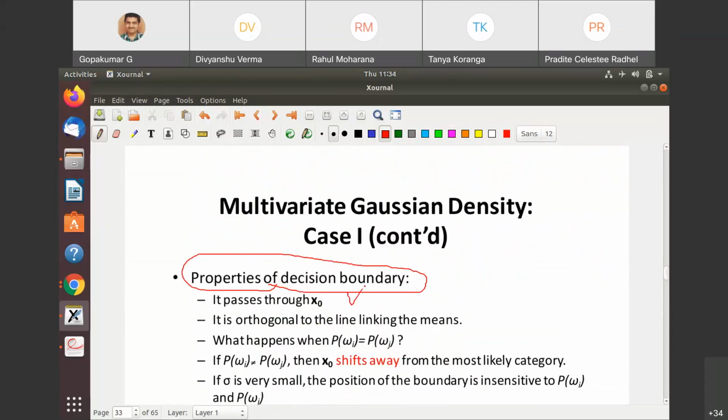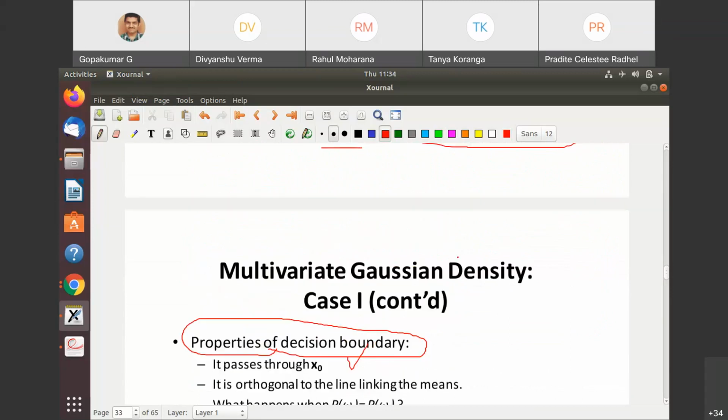I think we have already seen a terminology called a hyperplane. A hyperplane is nothing but a decision boundary of a general n dimensional case. That means we can have hyperplanes in 2 dimension, 3 dimension.